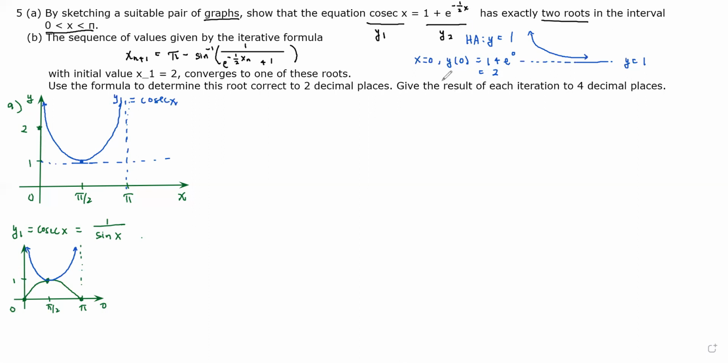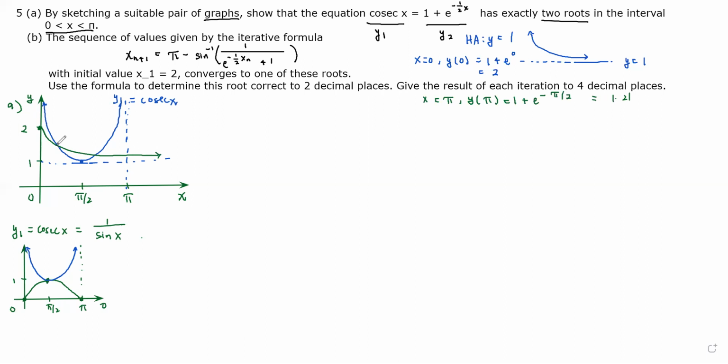And then we also have the case when x is pi, we can compute y of pi here. This is 1 plus e to the negative pi over 2, which has a value of 1.21. So you have a graph that decreases all the way to y equals 1.